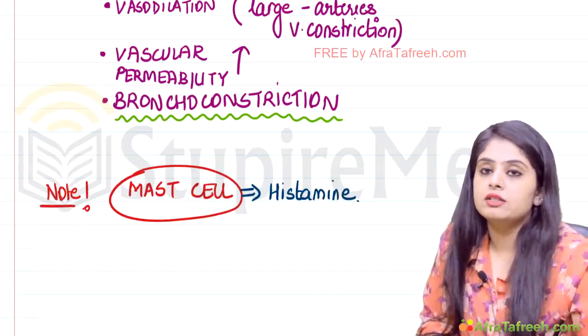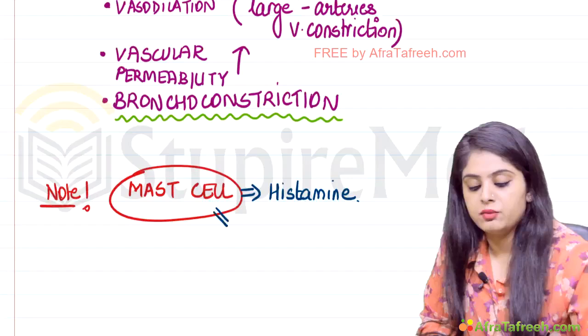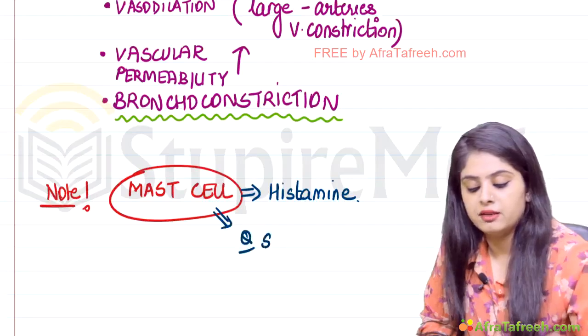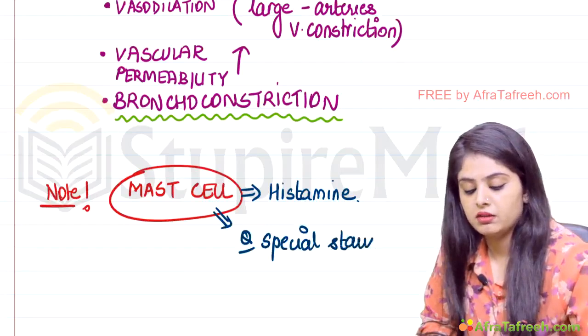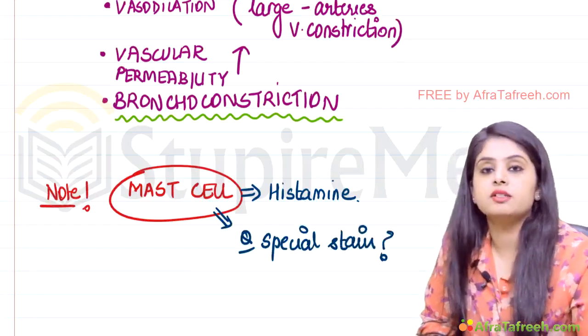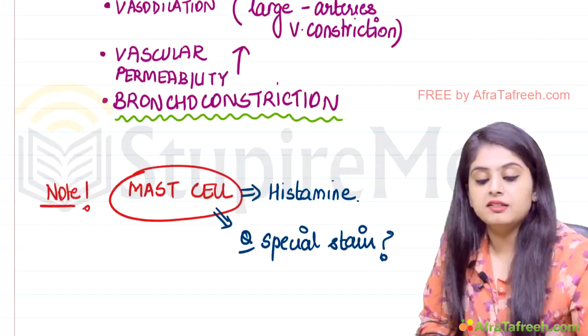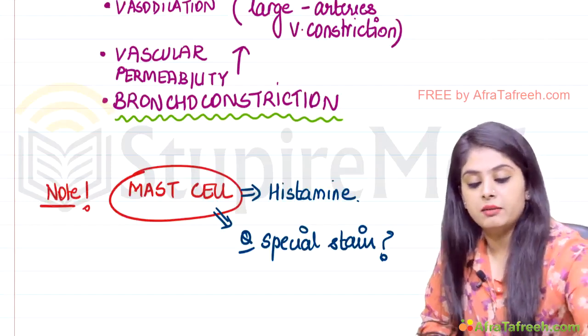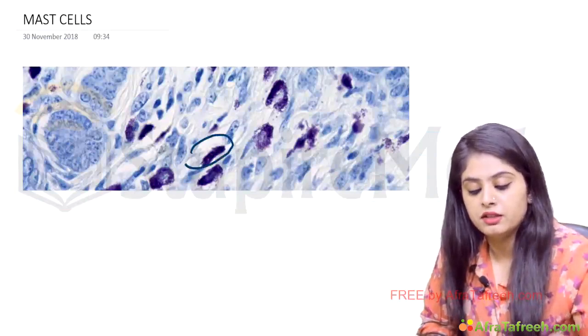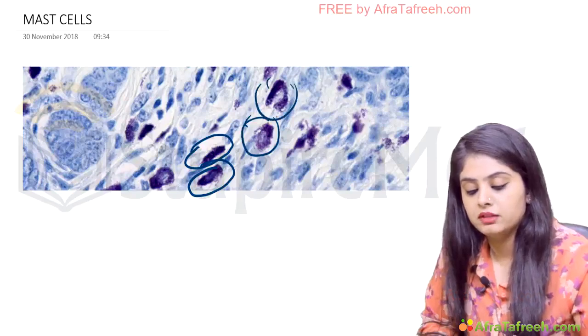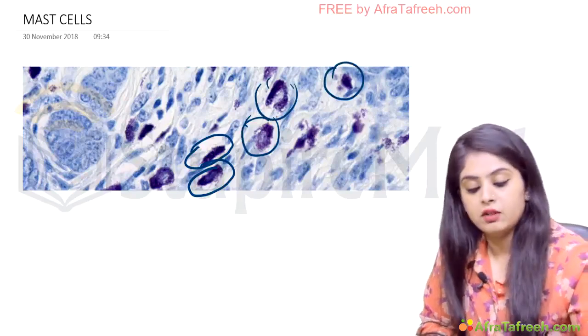There is one question on the mast cell which tends to be a favorite with the examiners: what is the special stain for a mast cell? Let's understand this with the help of a diagram. What image you see over here is, can you appreciate these multiple cells? What do they have in common?